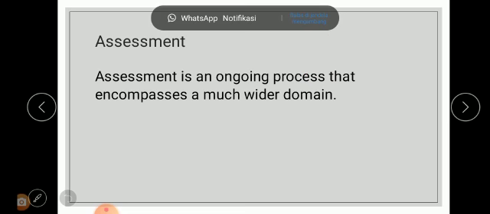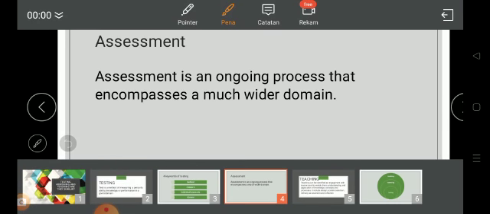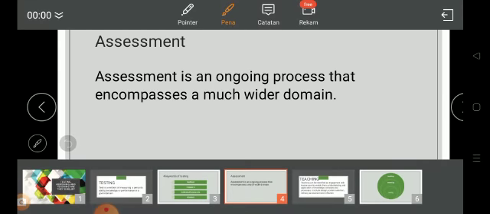And then the next, about assessment. The term of assessment is wider than a test.